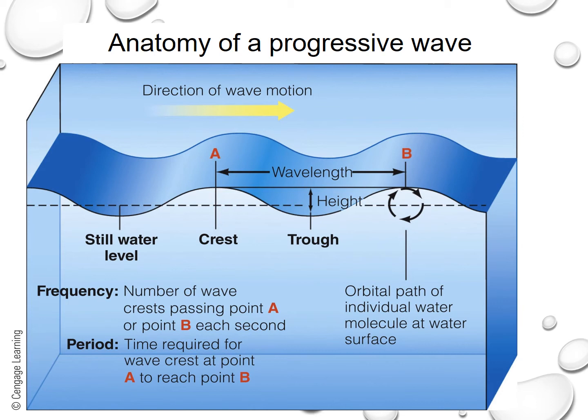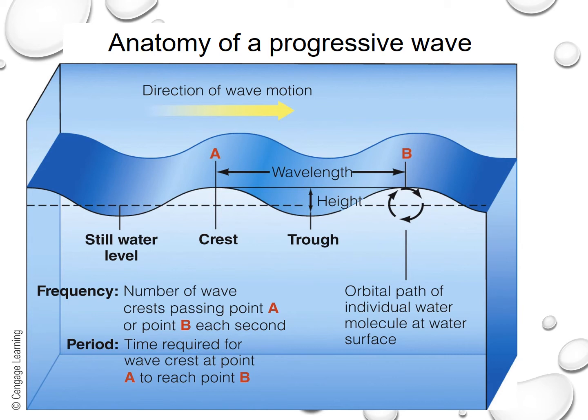In this slide, we're going to be learning some terminology for waves. This diagram shows you the anatomy of a progressive wave. This diagram is in your book, and I recommend that you spend some time looking at it and studying it so that you can understand the different terms.